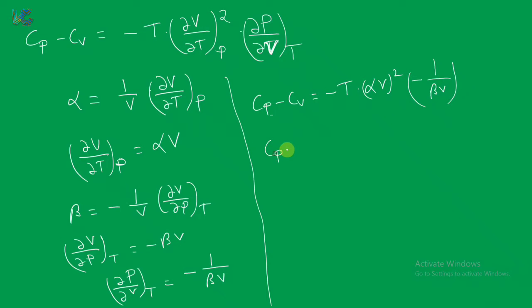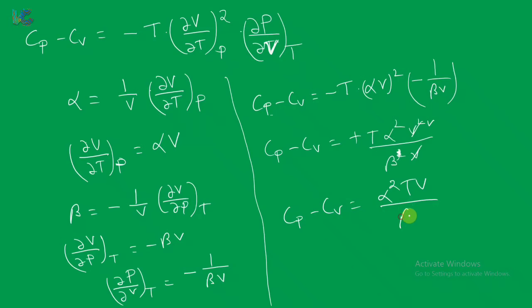So Cp minus Cv is equal to, with a plus sign, T alpha square V square by beta V. So this will be only beta, and V square by V will be V. So what you will get is Cp minus Cv is equal to alpha square T V by beta.